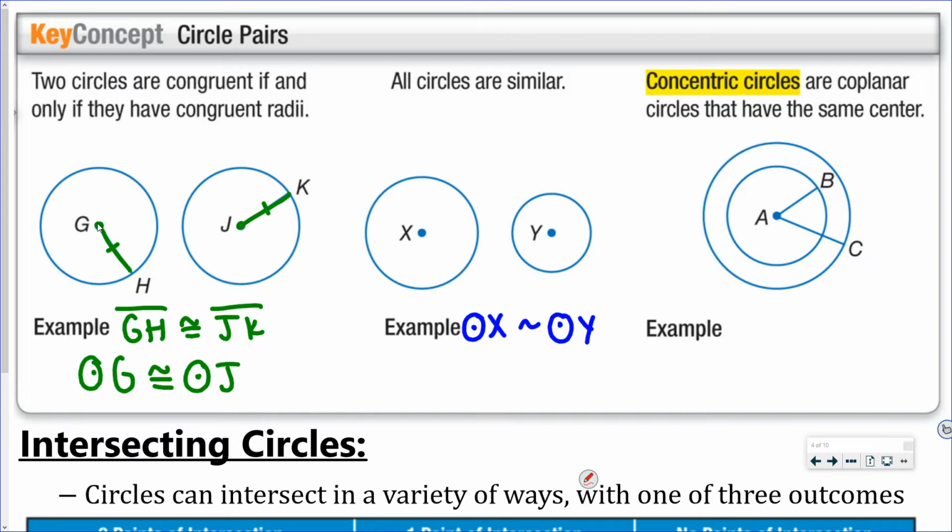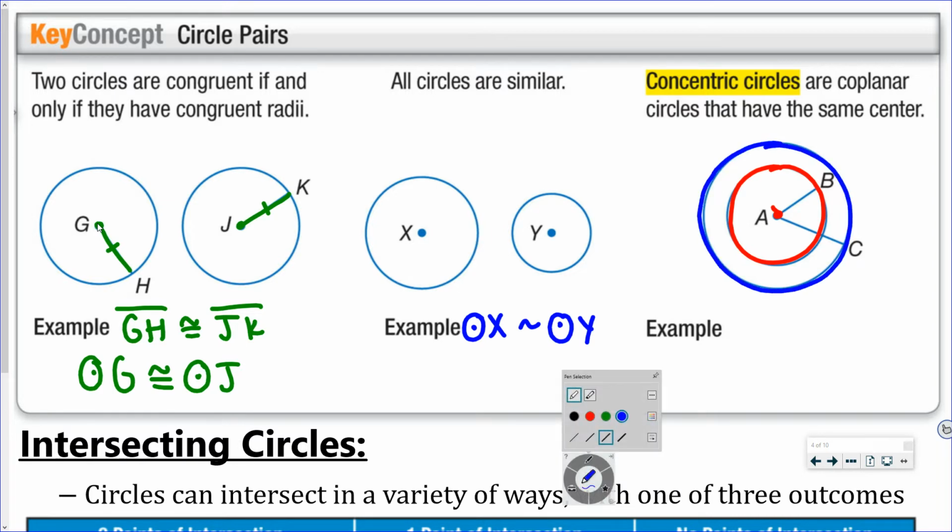All right, so you can see this example here. I'll outline these. So I have circle A here, and then I also have this big circle, which is also circle A. It has the same center.